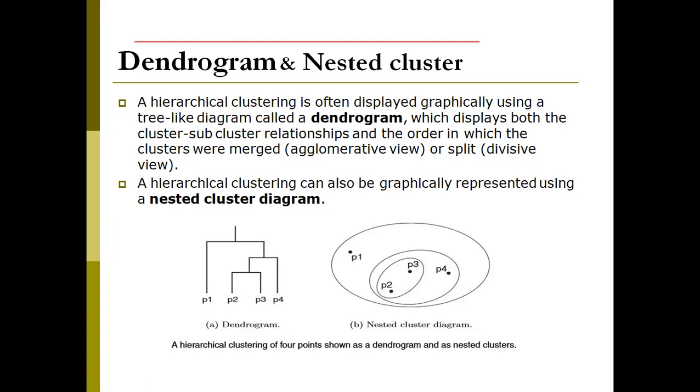How do we find that? Based on the proximity measures. First we find the similarity between P2, P3, P2, P4, P2, P1, like that. After that, whichever distance is less, we combine those 2 points into a single cluster, right?